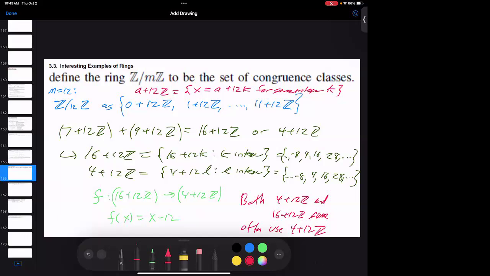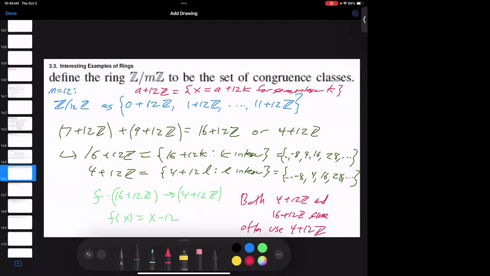Well, that's 16 plus a multiple of 12. I can shift my multiple of 12 down by 1 and reduce the 16 down to 4. So when I want to add these elements, I can just add the 7 and the 9 and reduce it.